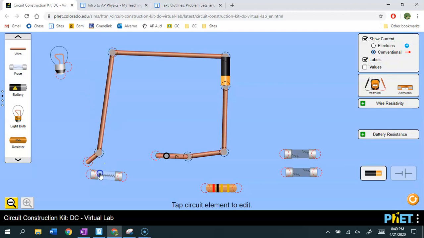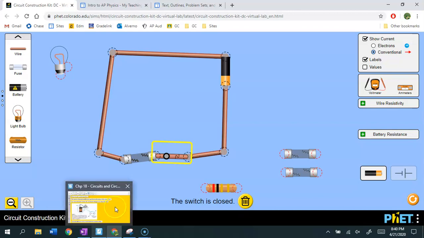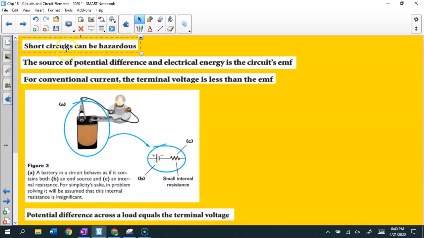Basically, in a short circuit, as soon as that current ran through, you shorted that circuit. Obviously, it's a problem for us, and the fuse's job is to prevent the battery from blowing out.